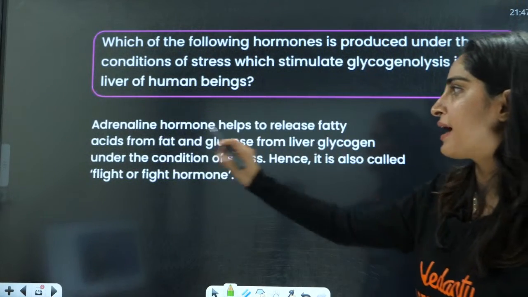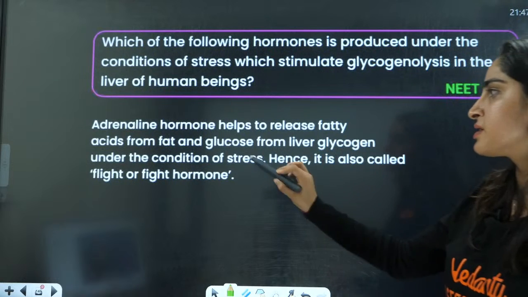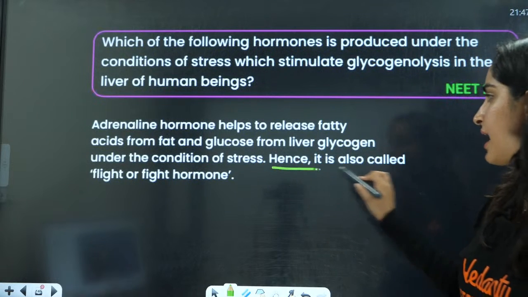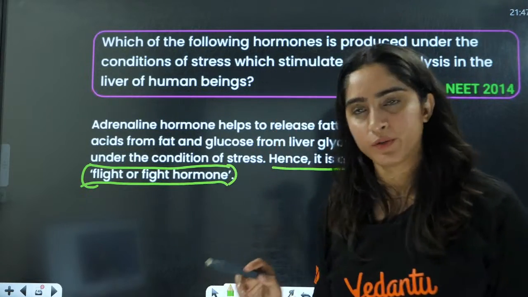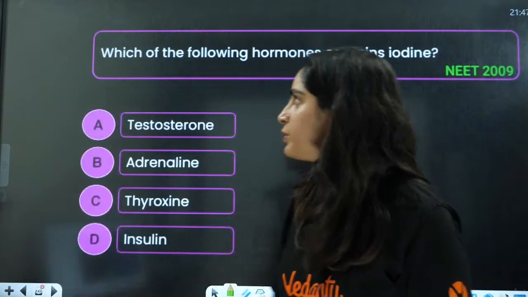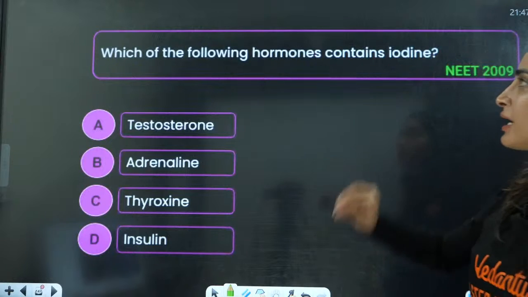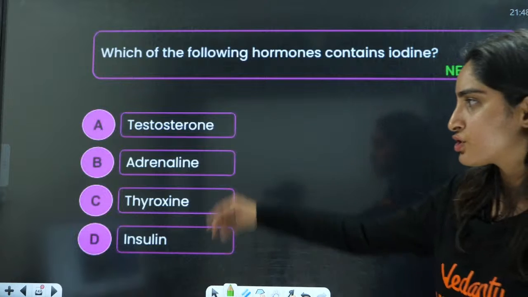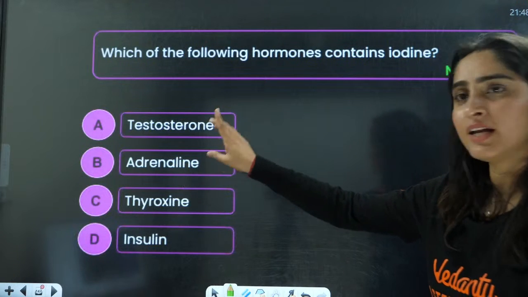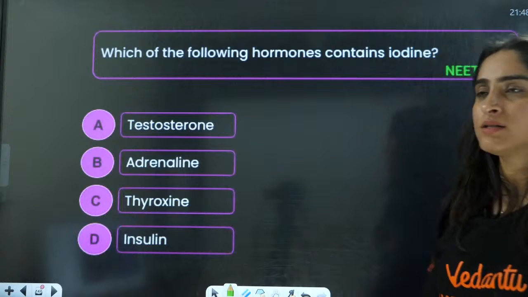Next, it helps in release of fatty acids from the fat under the condition of stress, and it is called the fight or flight hormone. Which of the following hormones contains iodine? Testosterone, adrenaline, thyroxine, or insulin?